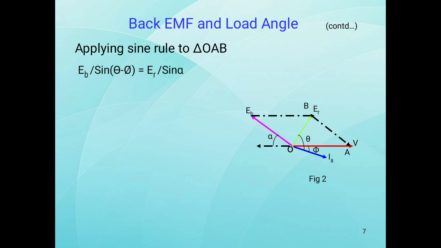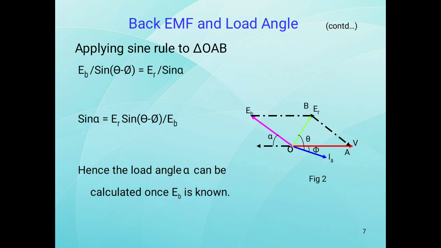That is the sine rule applied. Now sin alpha is equal to ER sin theta minus phi divided by EB. Hence the load angle alpha can be calculated once EB is known.